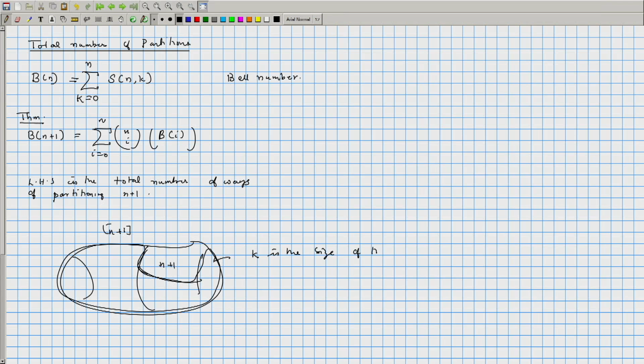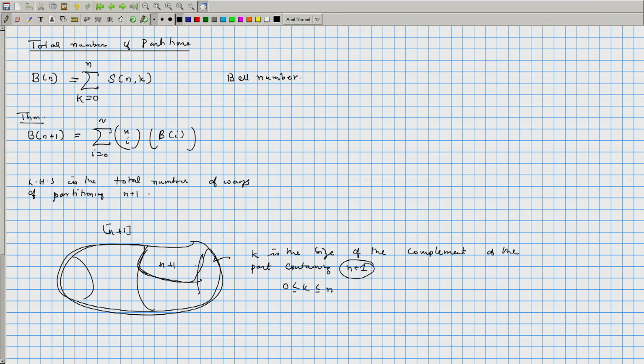So, k is the size of the complement of the part containing n plus 1. And this k can vary from say 0, because n plus 1 could be in a block which contains everything else, or it could go all the way up to size n. It cannot be n plus 1 because one element is taken off, namely n plus 1.